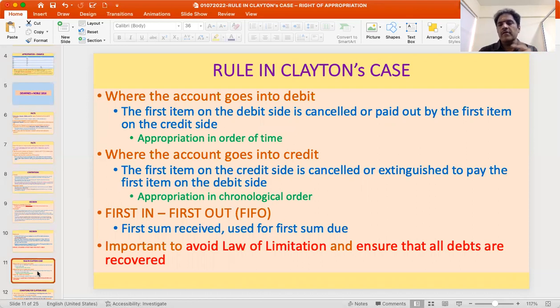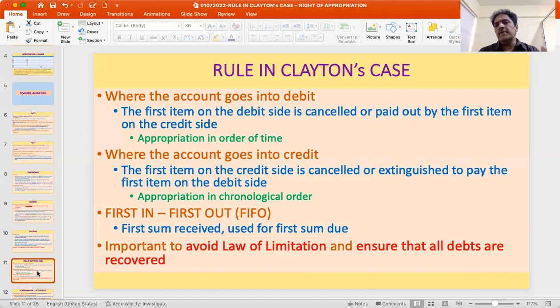And this principle's operation is very, very important, because this will be the principle which can avoid the law of limitation from applying for the earliest. If you start paying out the amounts and say that I will appropriate it for the latest dues, the dues which are pending, the first entries that are there may be hit by limitation, because of which the recovery of which may become unenforceable.